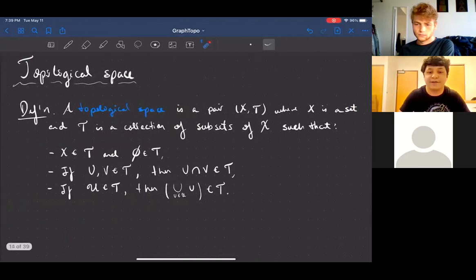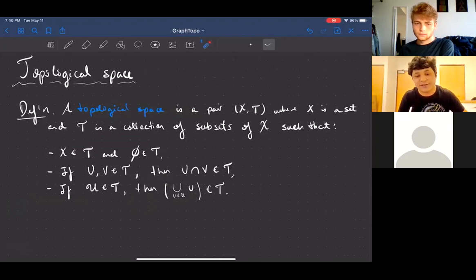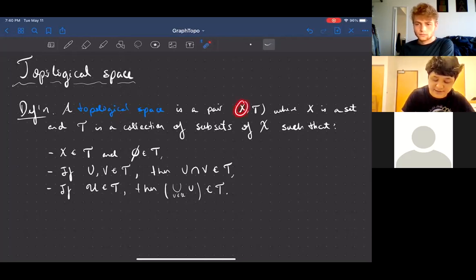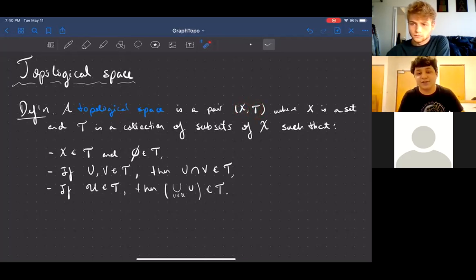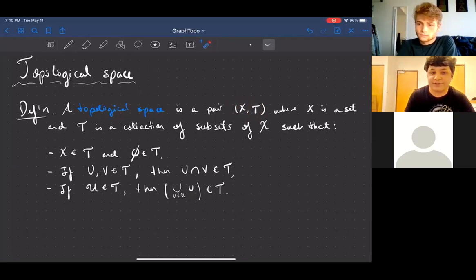So now I will define what a topological space is. A topological space is nothing more than a pair with a set X and a collection of subsets of X, T, or we will call it T, such that the following properties are satisfied. The set itself must belong to the collection of sets, to the topology.